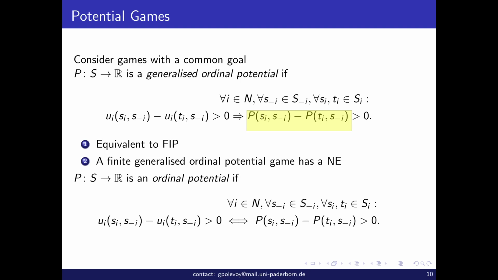We don't guarantee anything else about how large that is, but we guarantee that if the utility change is positive for any player because of that player's unilateral deviation, then the function change has exactly the sign of the utility change. By changing the order you can also speak about the utility change being negative, because it simply amounts to swapping s_i and t_i. Anyway, that is the definition of the generalized ordinal potential.